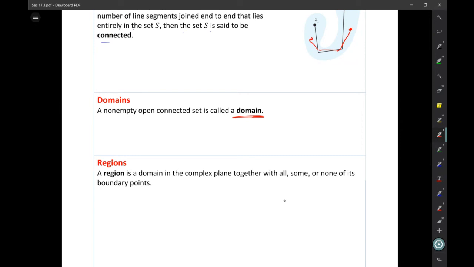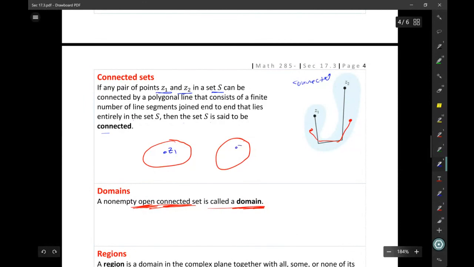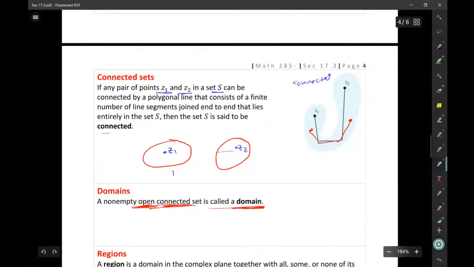If an open set is connected, then it is called a domain. If we take this set, we have here z1 and here z2. Can we connect those two points and is the line still inside my set S? No, this is not connected.